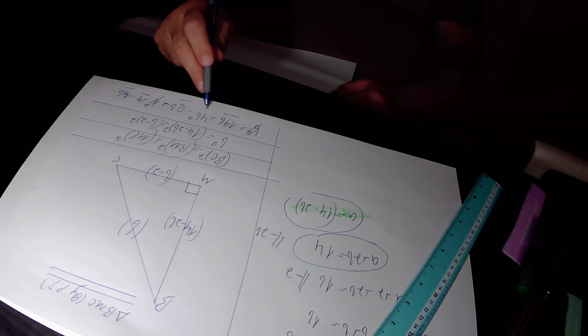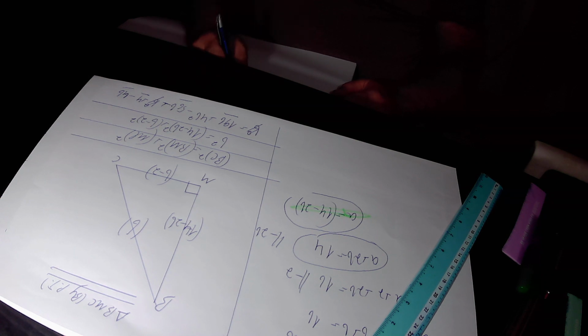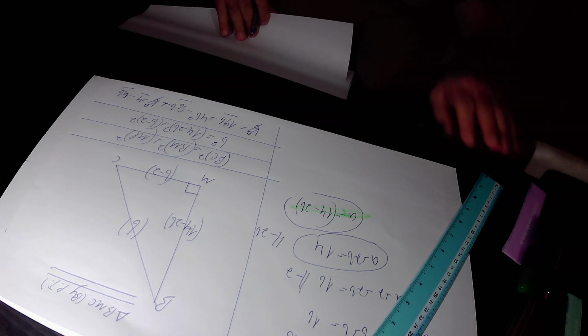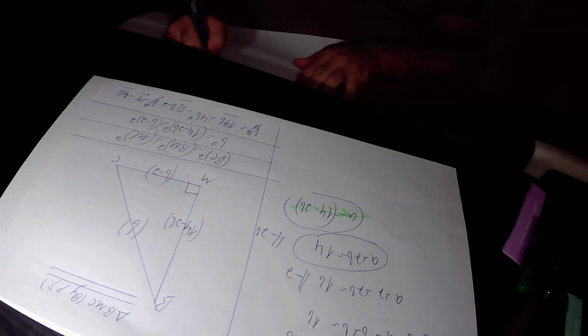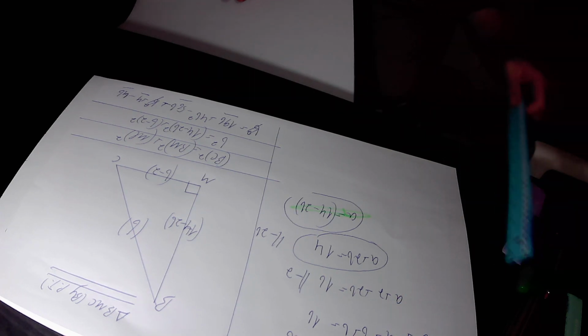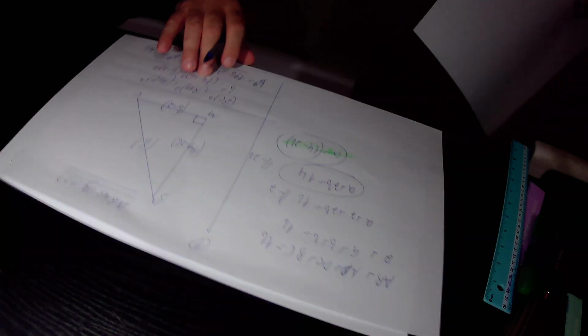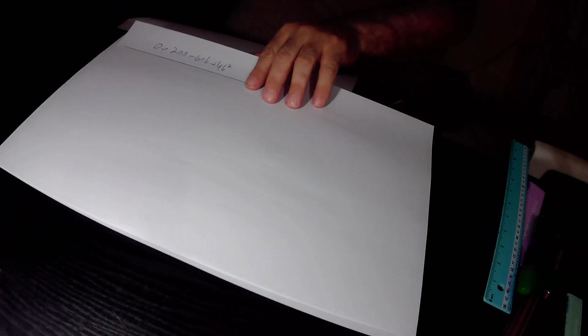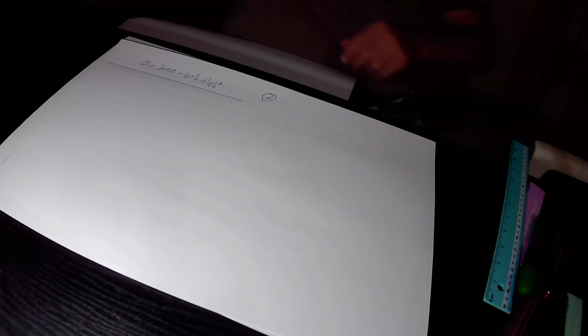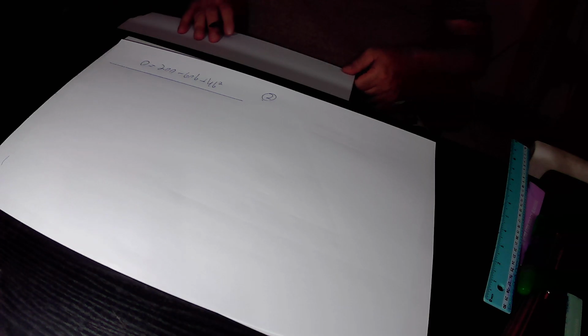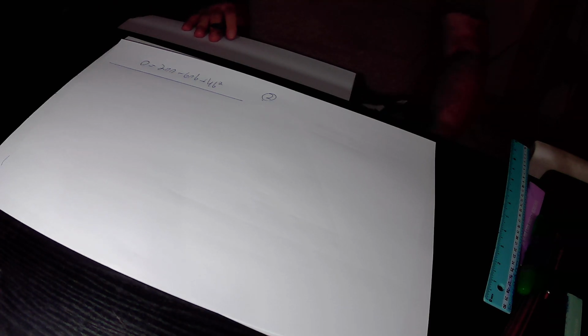And we have 4B squared. So we find out that zero equals 200 minus 60B plus 4B squared.